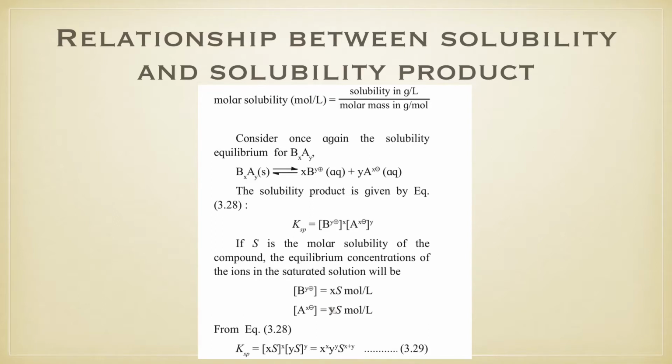The equation mentioned as 3.29 is the relationship between solubility and solubility product. Solubility product is given by Ksp, and solubility is in terms of mole per liter. Now we'll see some examples based on this.